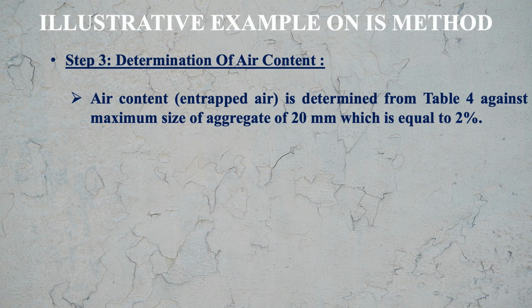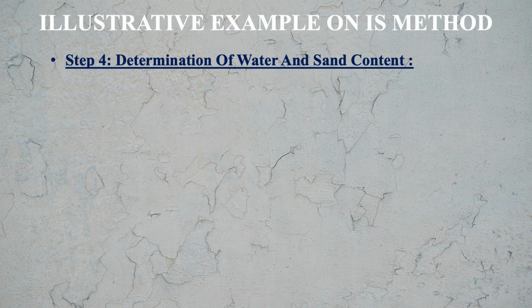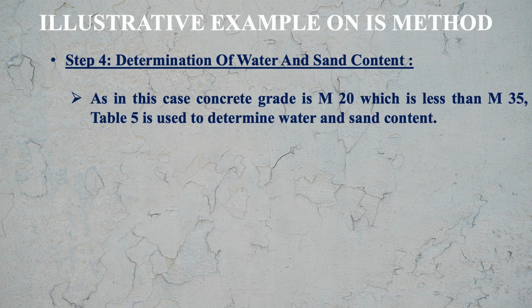Let's move to the next step, step 4, determination of water and cement content. As in this case the concrete grade is M20, which is less than M35, table 5 is used to determine the water and sand content because it is used for medium strength.